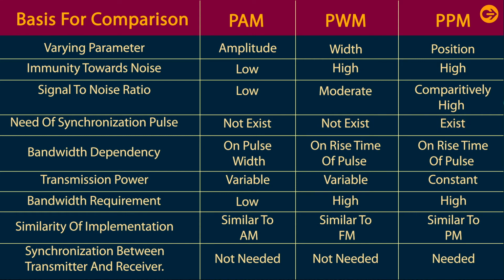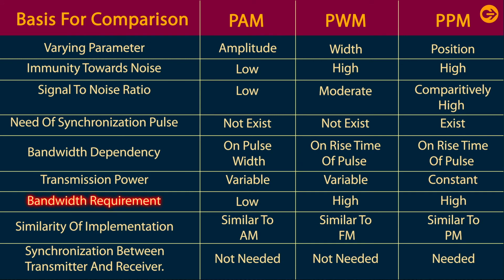The next comparison parameter is bandwidth dependency. In PAM, it is on pulse width. In PWM, it is on the rise time of the pulse. In PPM, it is also on the rise time of the pulse. The next parameter is transmission power. In PAM, it is a variable quantity. In PWM, it is also variable. But in PPM, it is constant.